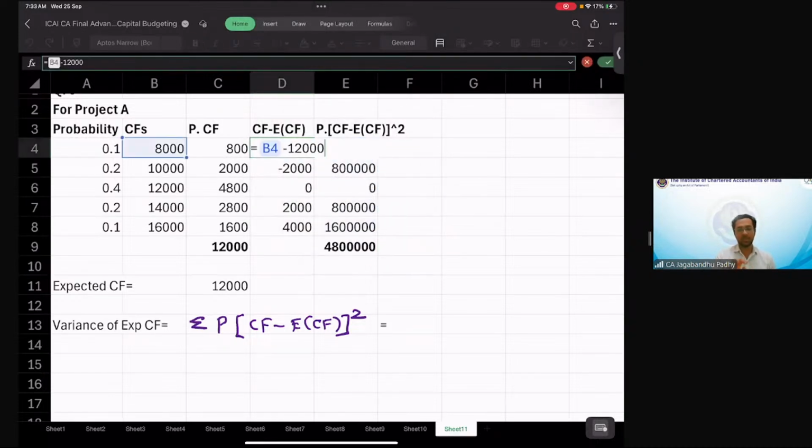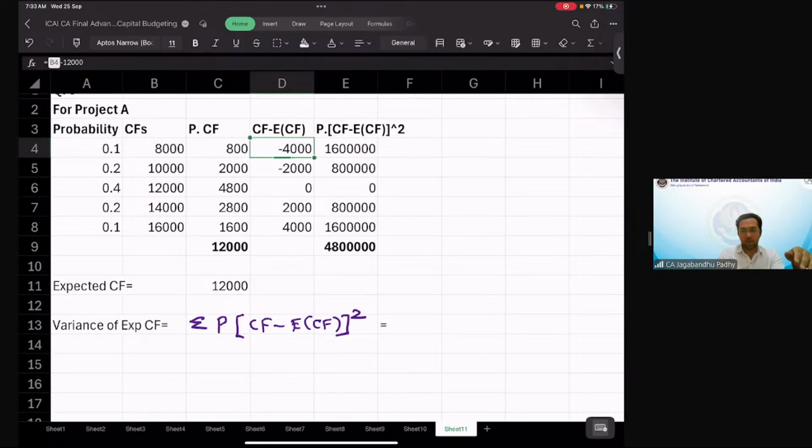What we did is first we took the difference between the expected cash flow and the real cash flow, and then we took a square of the deviation, and then multiplied it with the probability. So we had 48 lakh as this particular number. Expected cash flow was 12,000, and this 48 lakh is the variance.